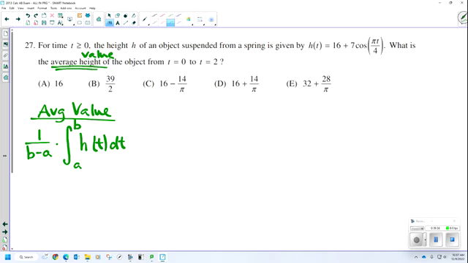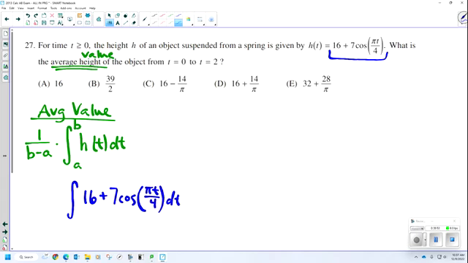I'm going to integrate, of course, my h of t, which is 16 plus 7 cosine of pi t over 4 dt. I want that from time 0 to time 2.